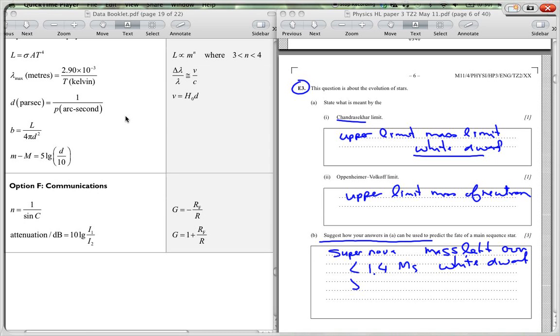If it's greater than 1.4, it will form a neutron star. And if it's greater than the Oppenheimer-Volkoff limit, it will form a black hole.